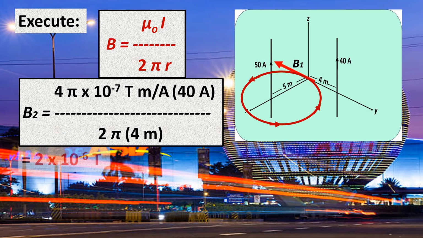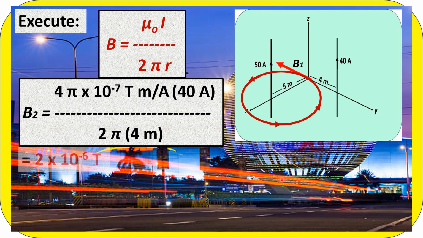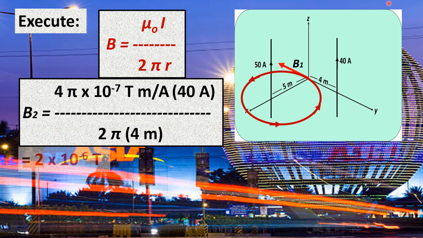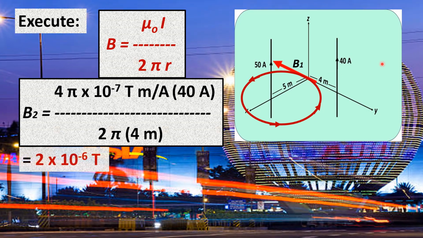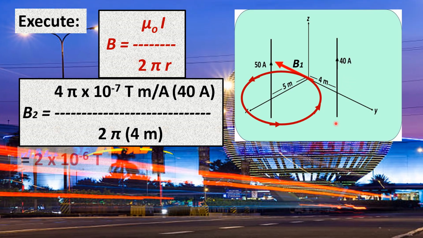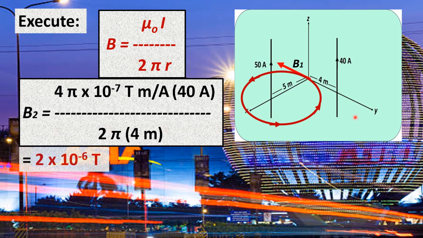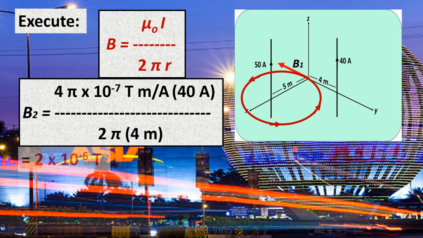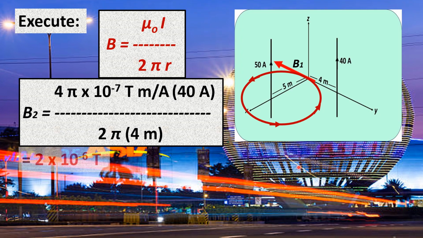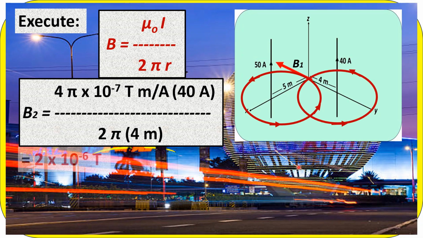And once again, in determining the direction of B2 using the right hand grip rule, this time you're going to grip the second wire. Make sure that your thumb is pointing upward in the direction of the current. And then if you curl your other 4 fingers, the direction of the curling represents the overall direction of the magnetic field, which must also be circular in shape.